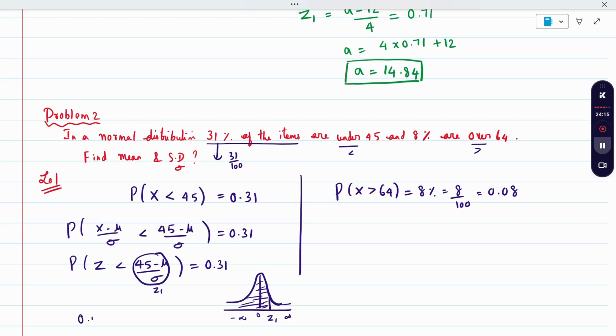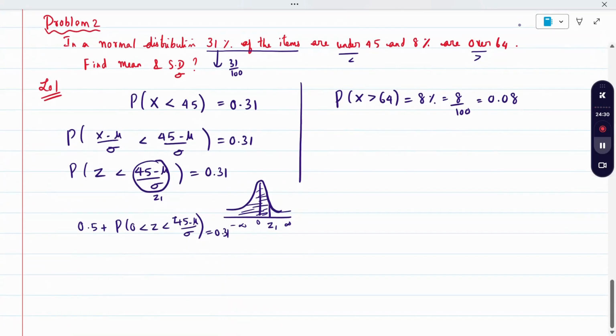So it's 0.5 plus probability of 0 is less than Z is less than (45 minus mu) divided by sigma equal to 0.31. Now probability of 0 is less than Z is less than (45 minus mu) divided by sigma equal to 0.31 minus 0.5.